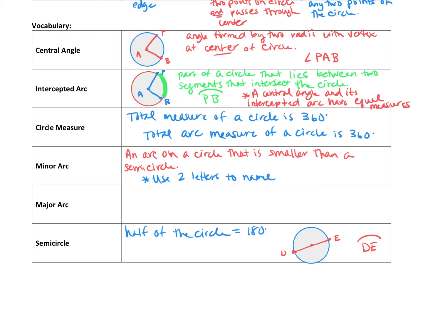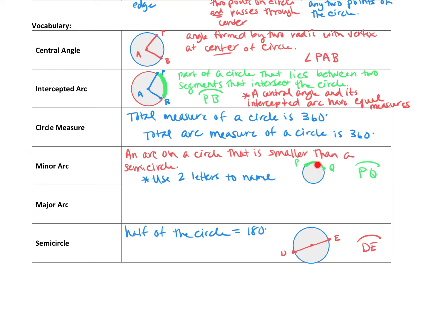So what that looks like in a picture, let's put a circle up here. Let's say that this is point P, this is point Q. The arc connecting P to Q right here, that's an example of a minor arc.